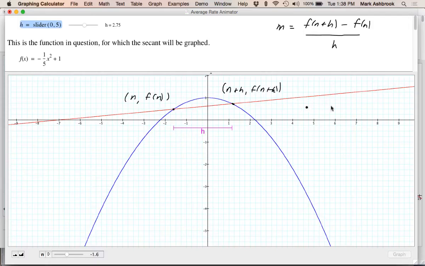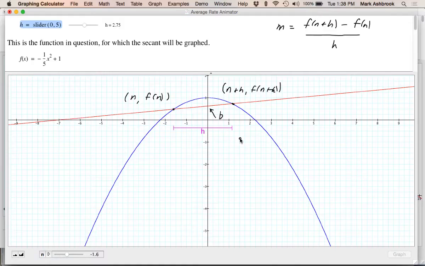But there was a handful of you, or I don't know how many, but some of you still wanted to use mx plus b. So in mx plus b, this value right here is b, and what relevance does that have here? Not really much. It's the y-intercept of the secant line, but relative to the graph and what that secant line would be for, that y-intercept wouldn't have great relevance.